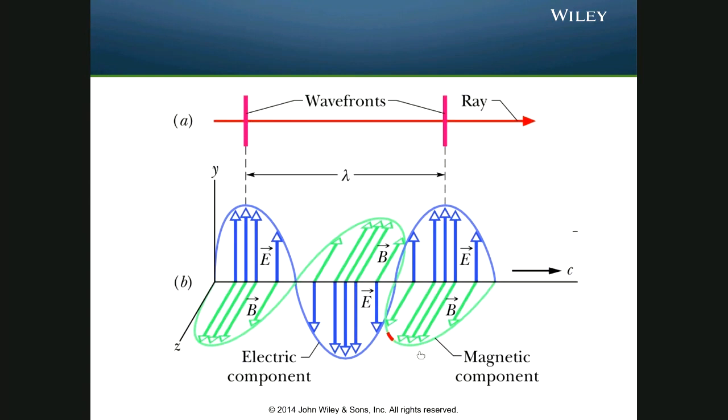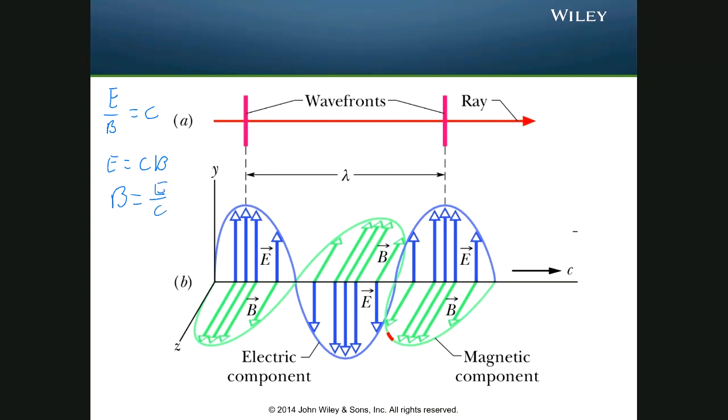Now, even though they both peak at the same time, it's a little disingenuous to write them the same size, because you'll recall that we know that E over B is going to have to equal c. So one of the implications there is that E is equal to c times B, or more importantly, I think, B is equal to E over c.